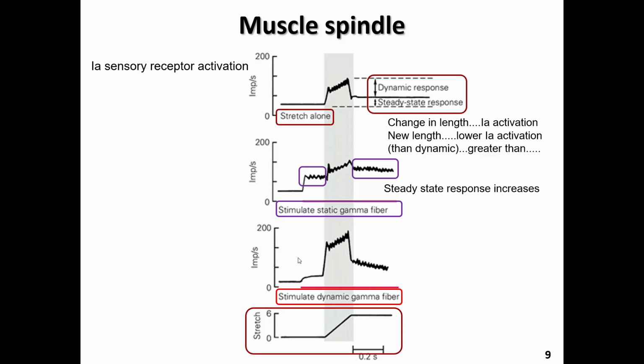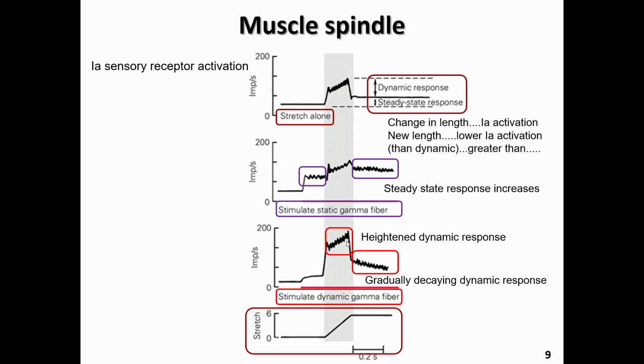But when the dynamic gamma fibers, and only the dynamic gamma fibers, are activated, we see a very small increase in the impulses along the sensory 1As, not to the same extent as the static gamma fiber activation, but these unique motor neurons produce a response just slightly above the baseline level. But when that's overlaid on top of the actual stretch, the response along the 1As is considerably heightened.